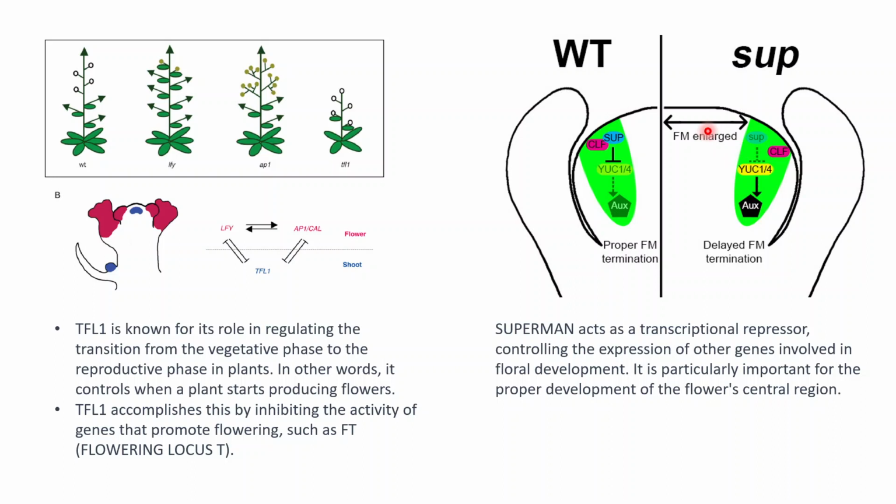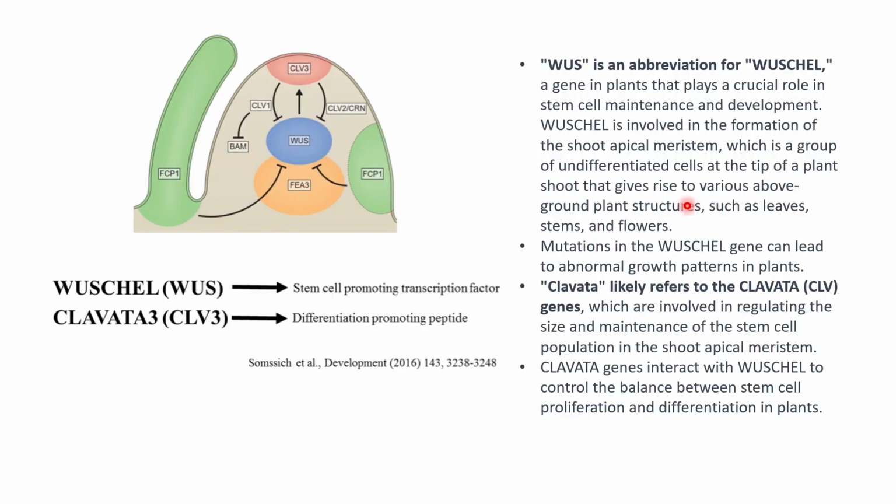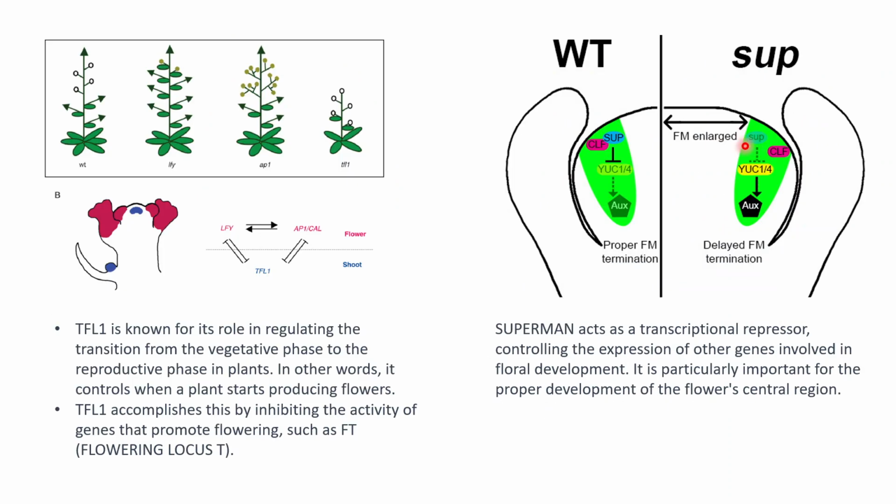FM stands for floral meristem. So we have larger floral primordia due to mutation in SUP. Superman acts as a transcriptional repressor, controlling the size or boundaries of expression of other genes which define the organs. Here we saw it defining the size of the flower primordia.